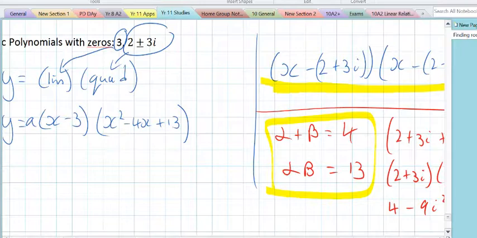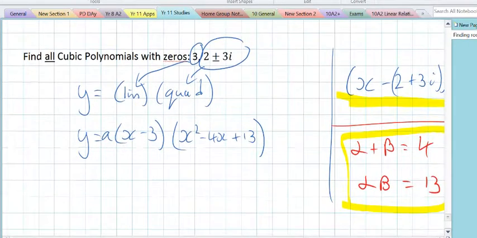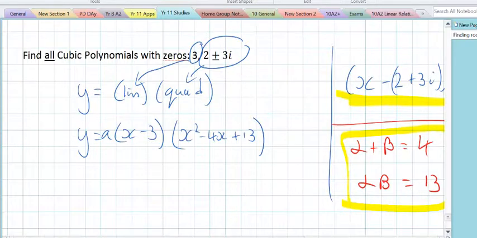Alright? So if we're looking for all cubic polynomials with zeros 3 and 2 plus or minus 3i, we get a linear factor of x take 3, and then we get a quadratic that produces zeros of 2 plus or minus 3i. And of course I've forgotten that a is not equal to 0. Because we need the a out front because we want all cubic polynomials.